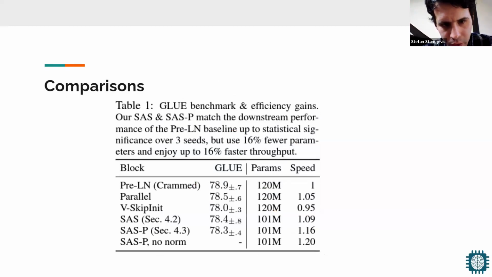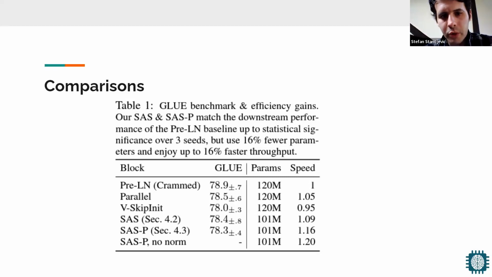This is just to show that compared to pre-LN, which was the original transformer block, on some benchmarks performance is similar, but you can see that there are roughly 16% fewer parameters, and speed is 16% faster.